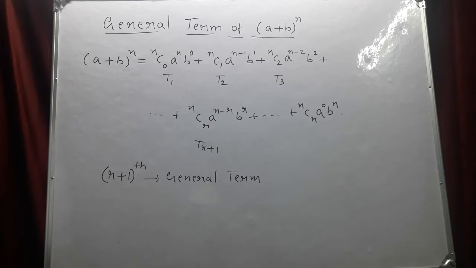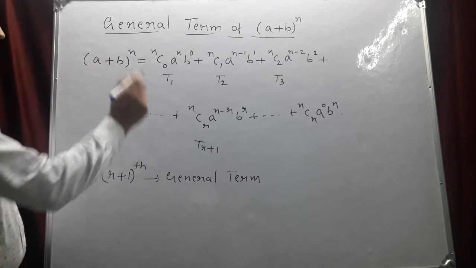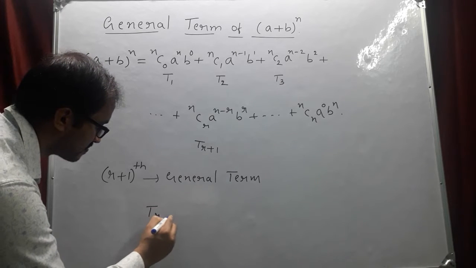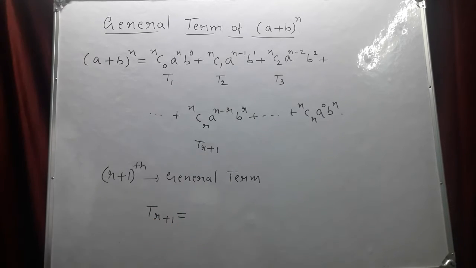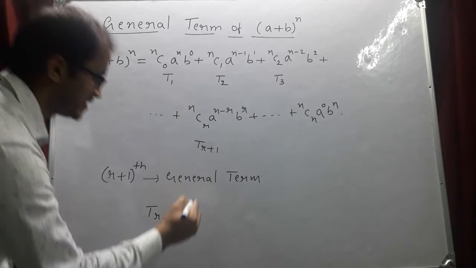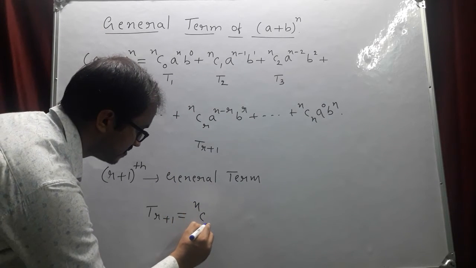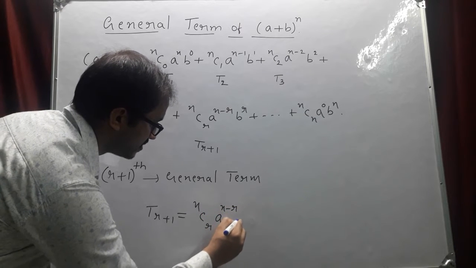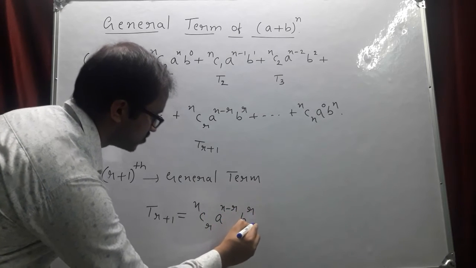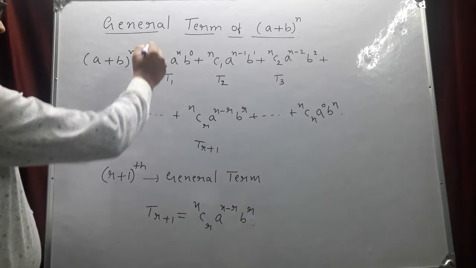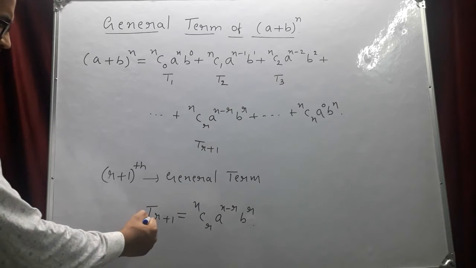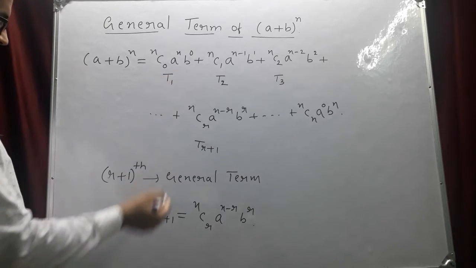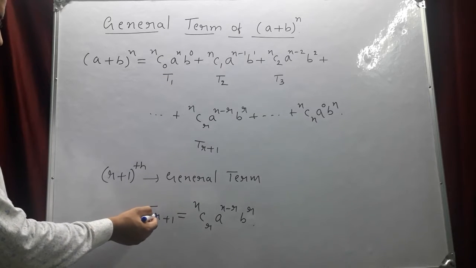The general term of the binomial expansion (a + b)^n is given by t(r+1) = nCr a^(n-r) b^r. By giving different values for r, we can obtain different terms. Suppose I give r = 0, then t1 = nC0 a^(n-0) b^0, that is a^n b^0.